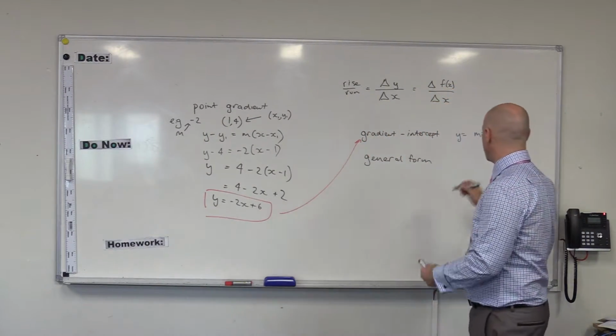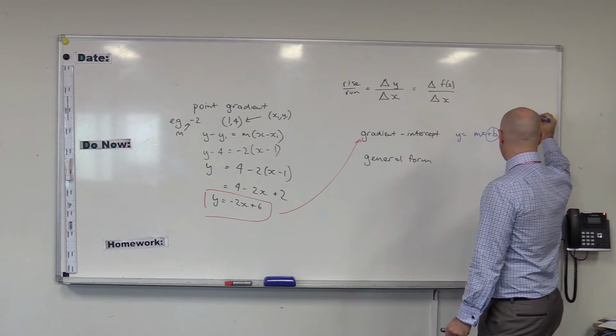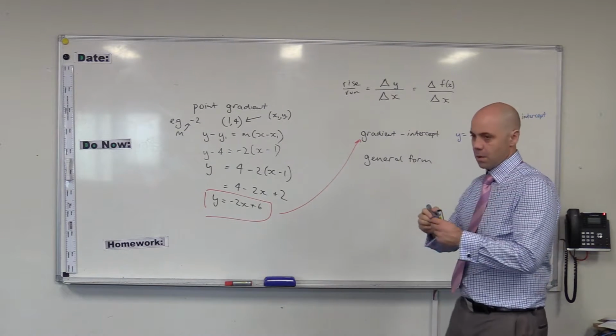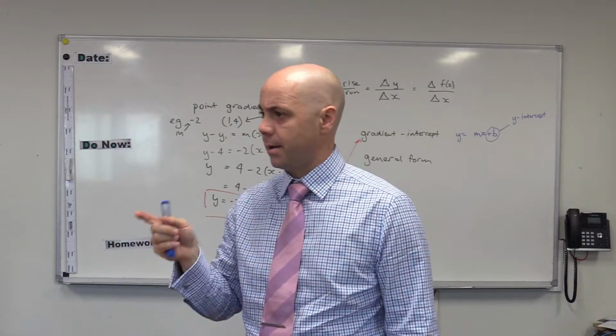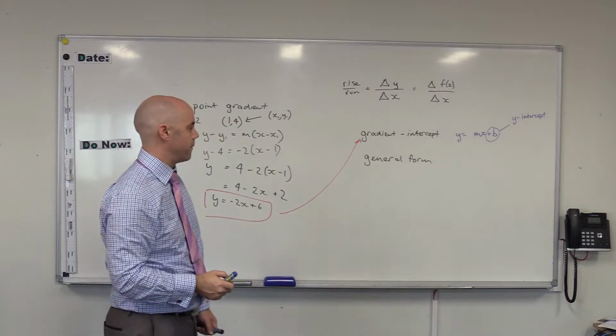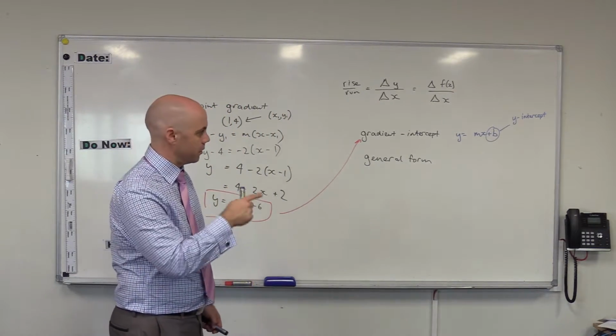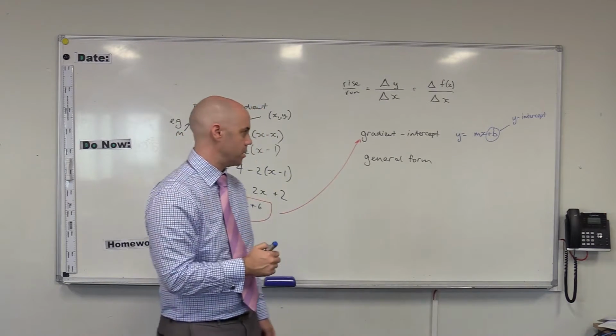It also tells us what is the y-intercept. Okay, it's really easy to draw a line, to actually do a graphical representation of that function using that gradient intercept form. Because we know exactly where the y-intercept is, now it's positive 6.